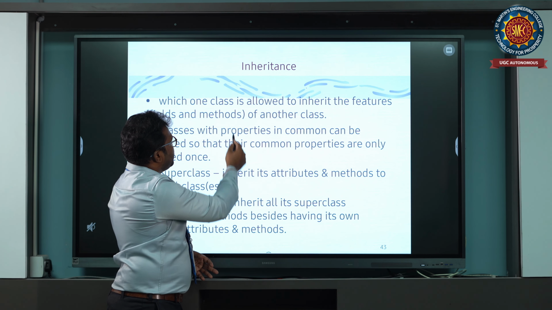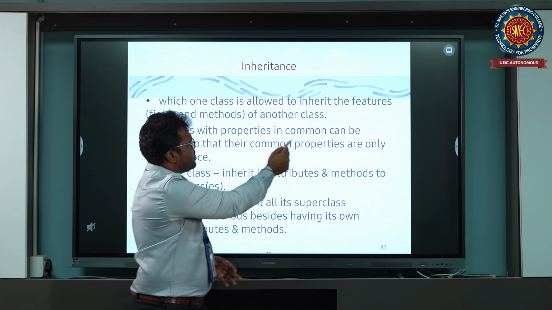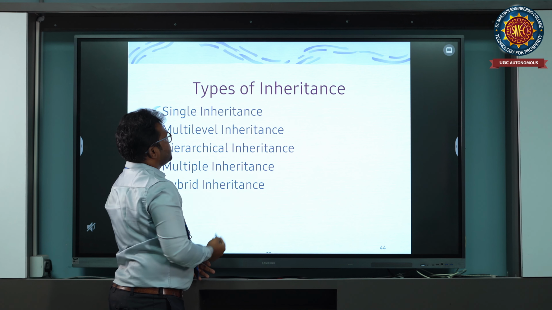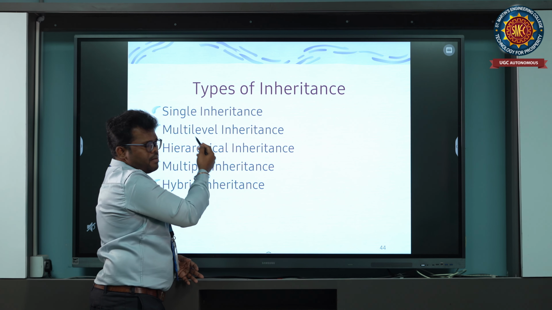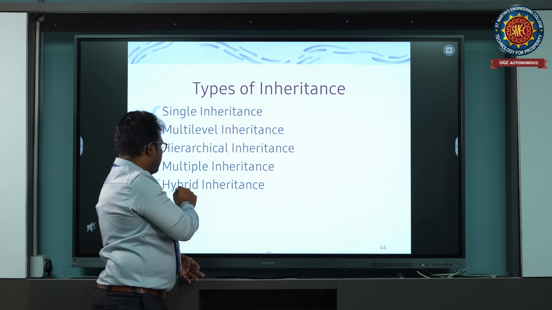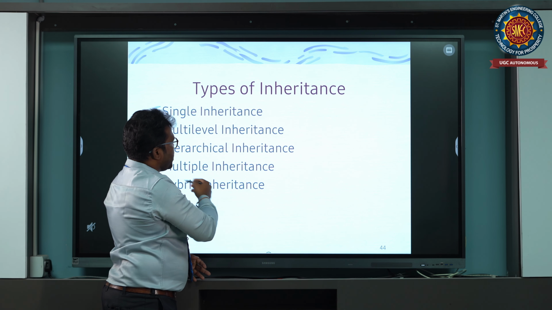Then also inheritance, in which one class is allowed to inherit the features, fields, and methods of another class. Types of inheritance are single, multiple, hybrid, multi-level, and also hierarchical.